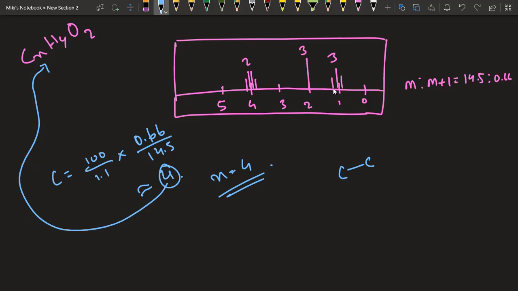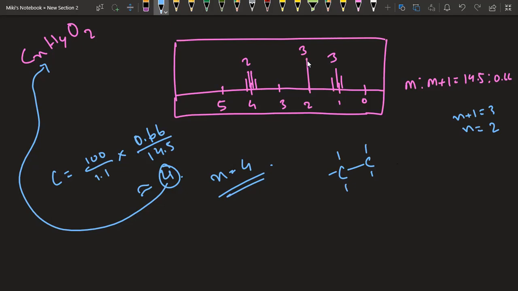Based on the number of peaks, which is 3, n+1 equals 3. So n, the number of hydrogen, is 2. The adjacent carbon must have 2 hydrogen. However, the carbon we are talking about should have 3 hydrogen.